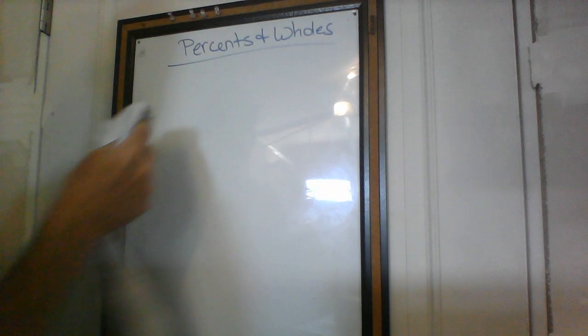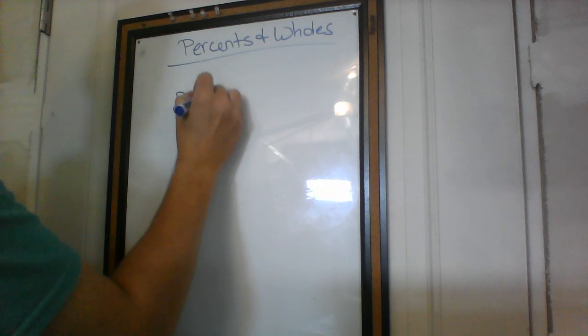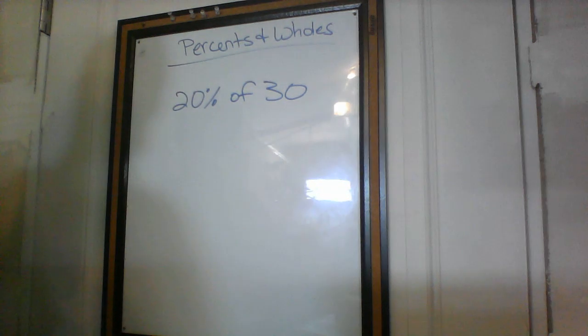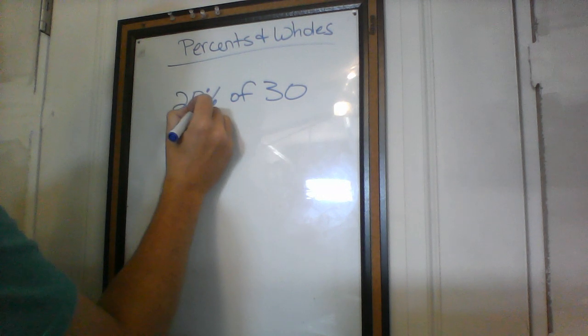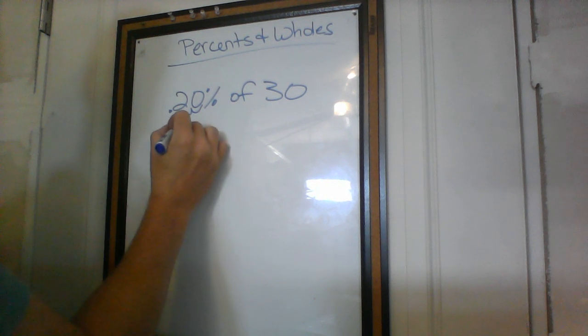Next problem, same type: we're going to have 20% of 30. 30 is our total. We're going to make this our decimal. It's going to be 2 tenths, right?